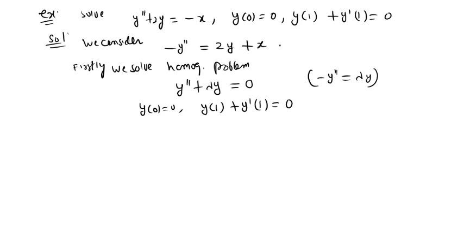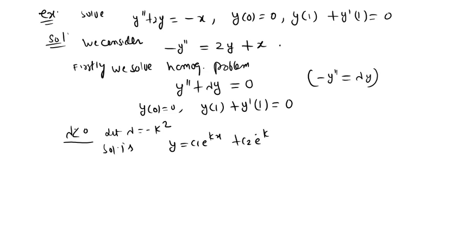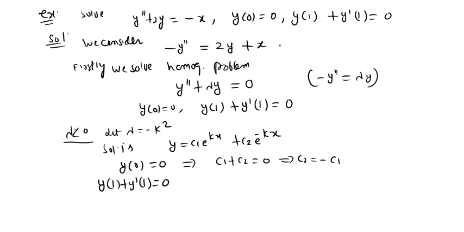So again you need to take 3 cases. If lambda is negative, you can write lambda equal to minus k square. So the solution is y equal to c1 e power kx plus c2 e power minus kx. Use boundary condition y at 0 equal to 0. This will give you c1 plus c2 equal to 0, or c2 equal to minus c1. Second condition, y at 1 plus y dash at 1 equal to 0.